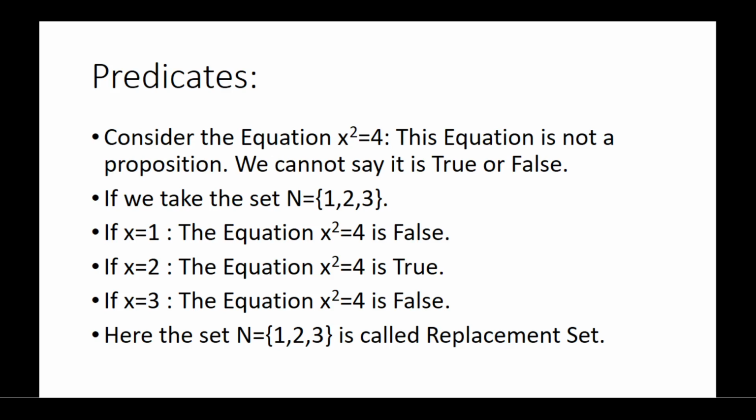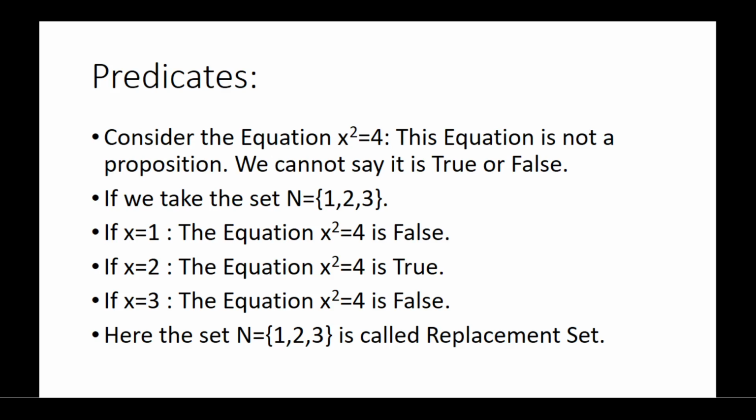This is because x is an unknown quantity. We call it a variable. Here x is called a variable, to mean that it can take different values from a given set.